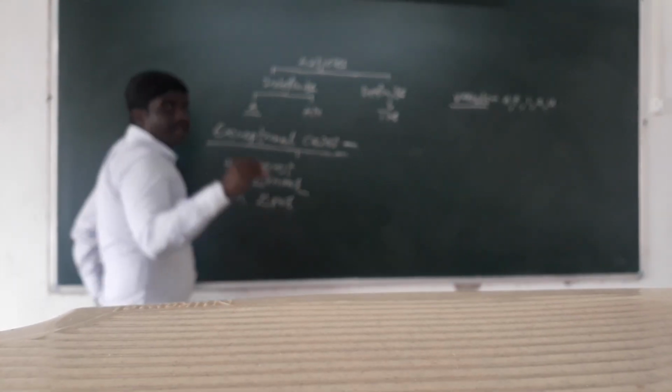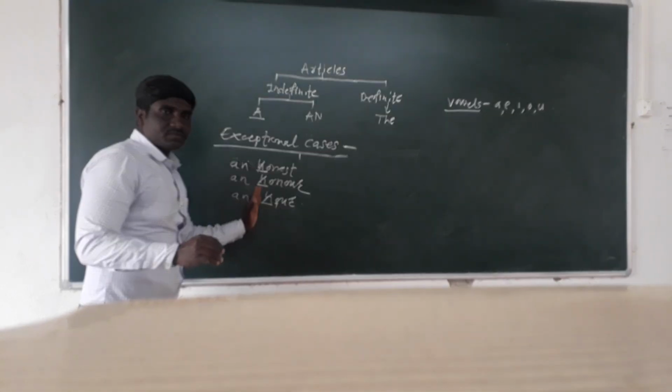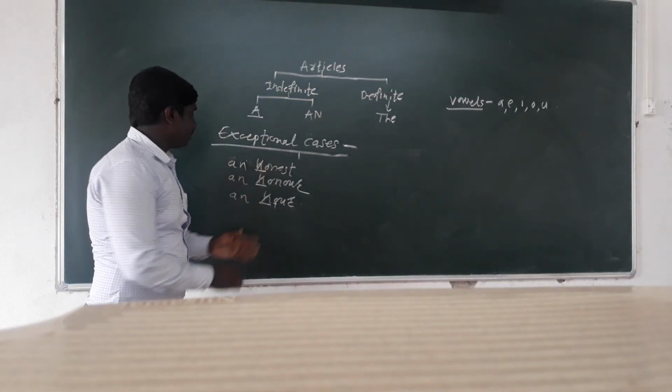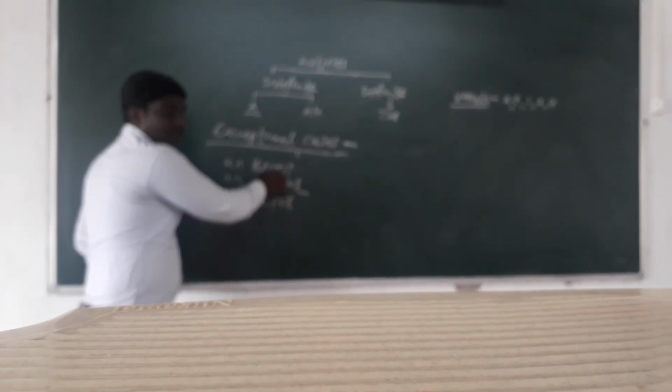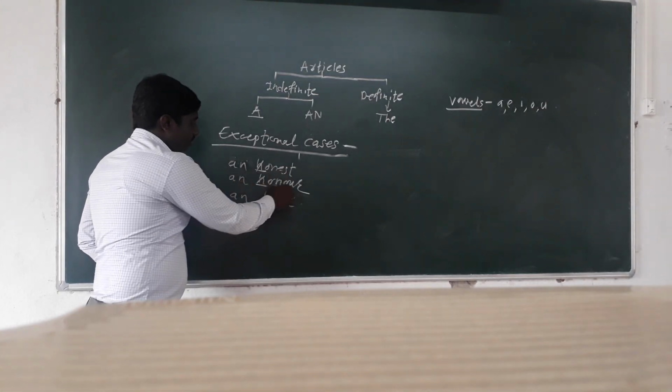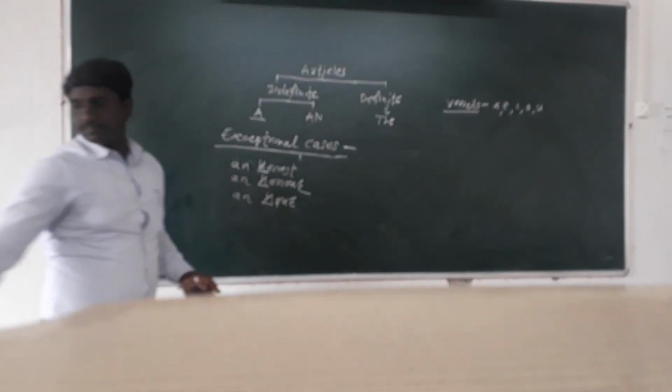O is considered as a vowel and H becomes silent here. So that's why here exceptionally we are using the article "an". An honest, an honor, and an hour.